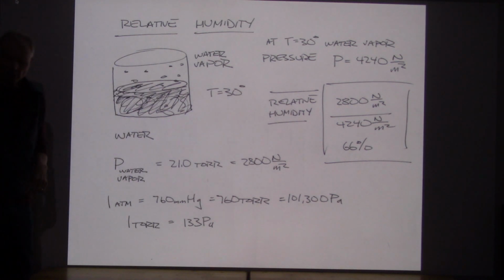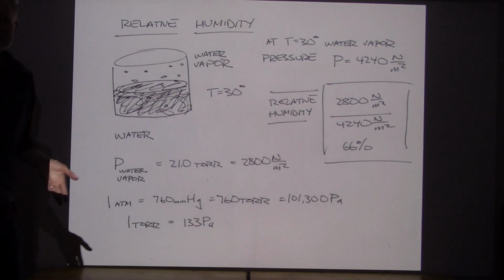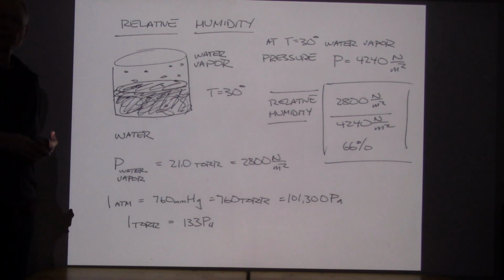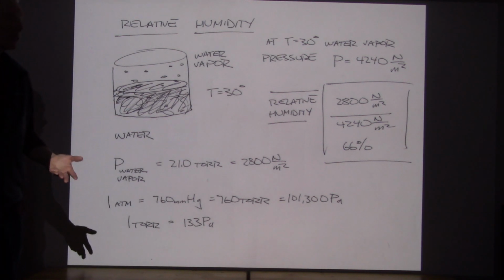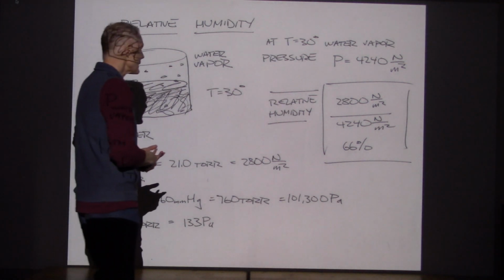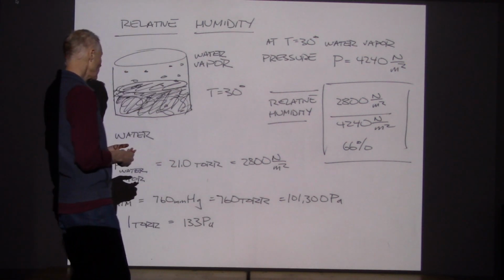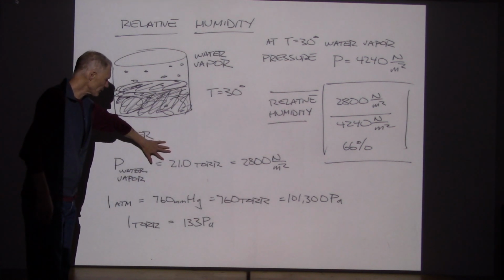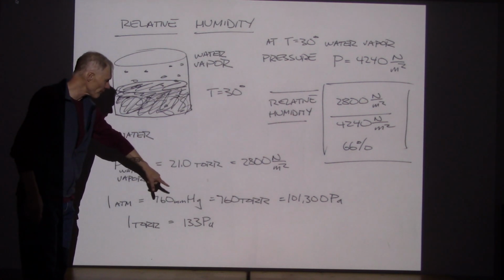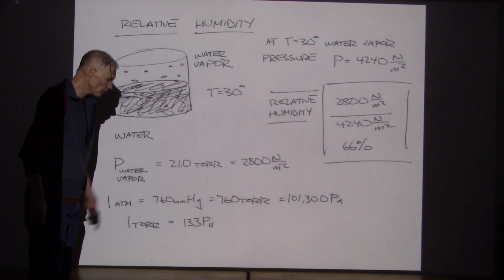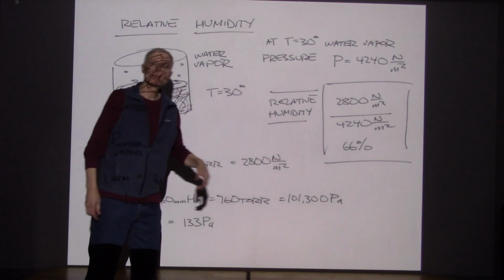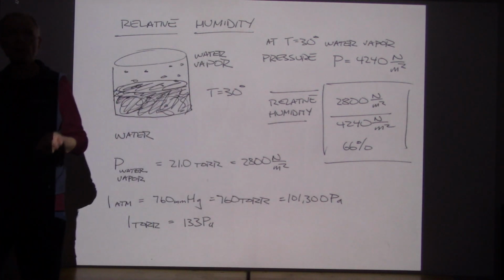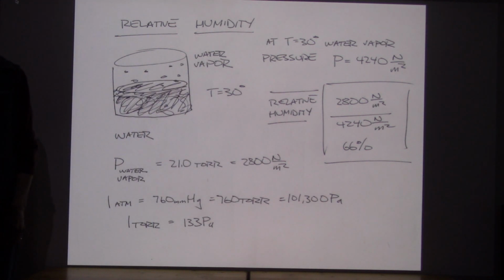So the conversion here apparently is each torr is about 133.3 pascals of pressure. We can take that 21 torr that we were given and use this conversion factor. 21 torr would be the equivalent of 2,800 pascals, or 2,800 newtons per square meter.